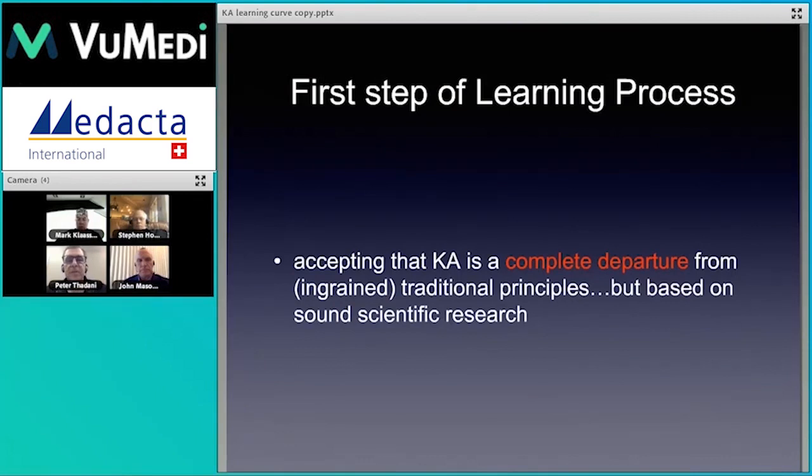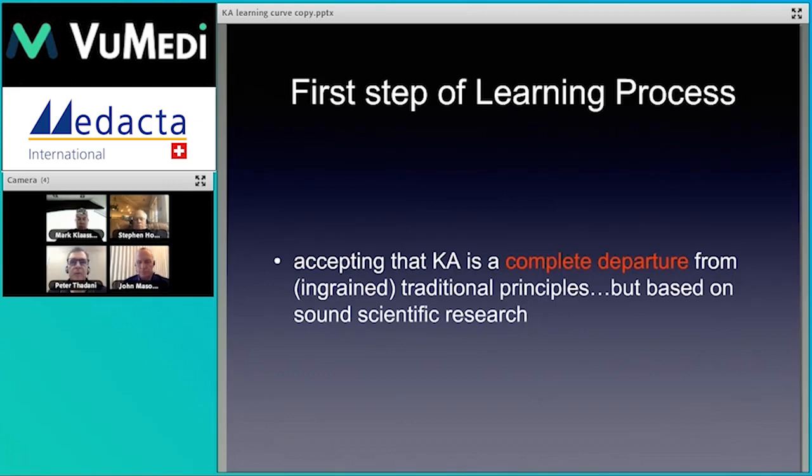So the first step of the learning process, I feel, is you have to accept KA as a complete departure from ingrained traditional principles of mechanical alignment. But you have to trust that it's based on sound scientific research. When I first started to look at kinematic alignment, like everybody, we're all familiar with the studies that unfortunately state that not everybody who has a total knee is satisfied with the result.